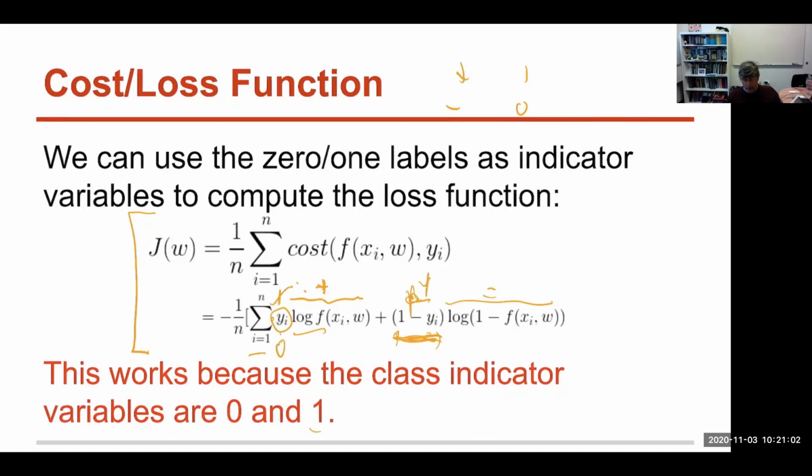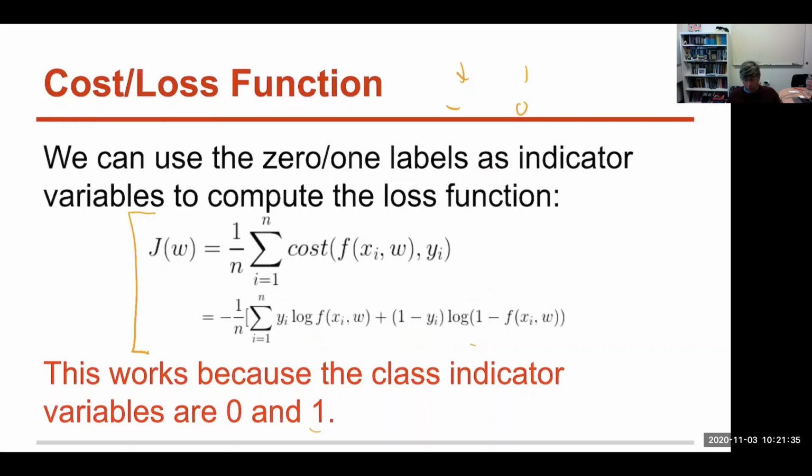Because yi is a class variable, it is only going to be 0 or 1, so we don't have to worry about combinations of these things for some y like 1/2. By using this trick, we weigh the appropriate penalty function. Does everybody see that this gives us the cost function that we want? For each example, we figure out what the penalty is.